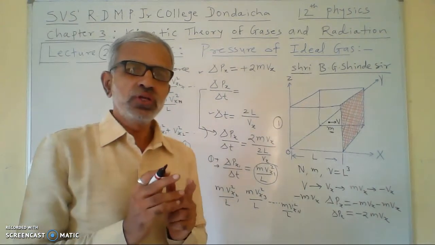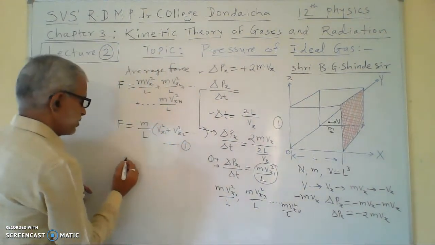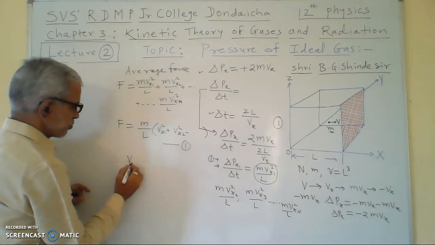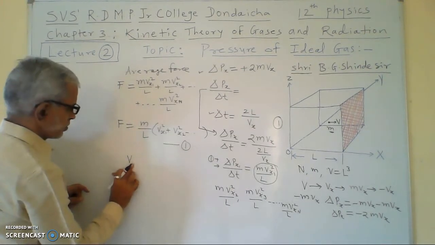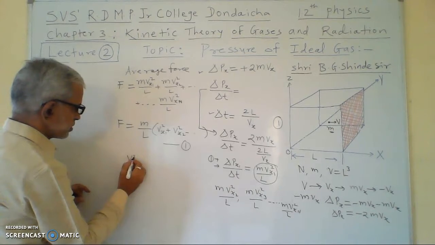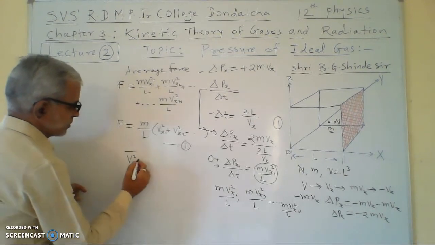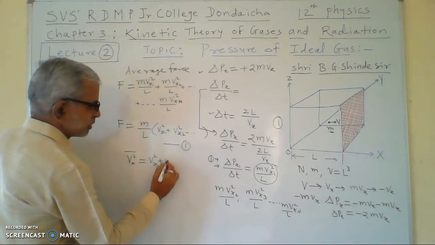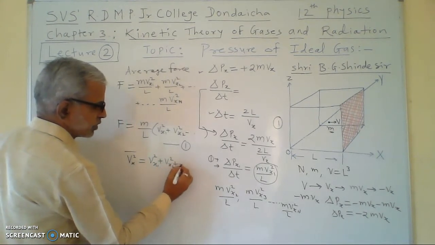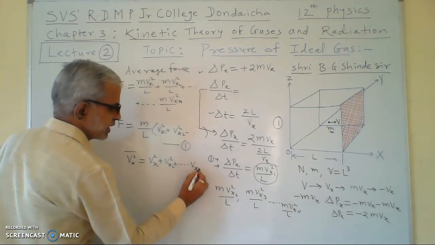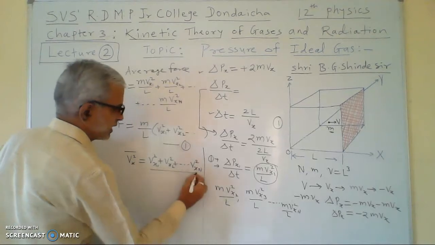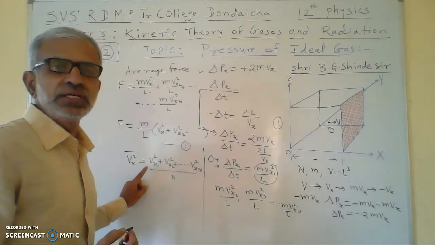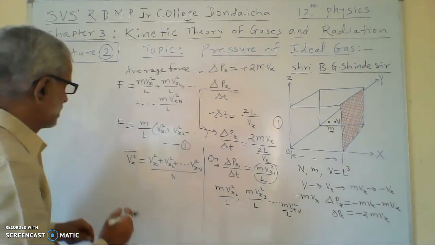Now we know that the average square velocity Vx square bar is equal to Vx1 square plus Vx2 square plus up to Vxn square, divided by n. This is called the average square velocity. It is also called the mean square velocity.